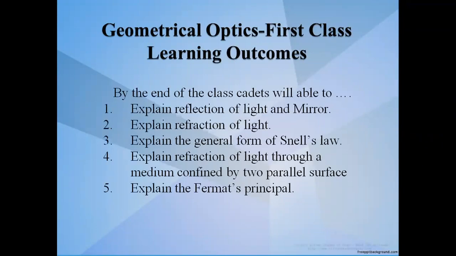By the end of today's class, cadets, you will be able to: number 1, explain reflection of light and mirror; number 2, explain refraction of light; number 3, explain the general form of Snell's law; number 4, explain diffraction of light through a medium confined by two parallel surfaces; and number 5, explain the Fermat principle. And these are the last points.